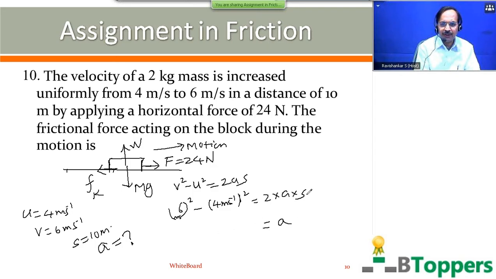The magnitude of the displacement s is given to be 10 meters. So you get the magnitude of acceleration as 1 meter per second square.